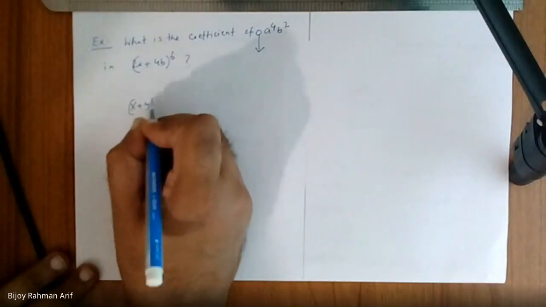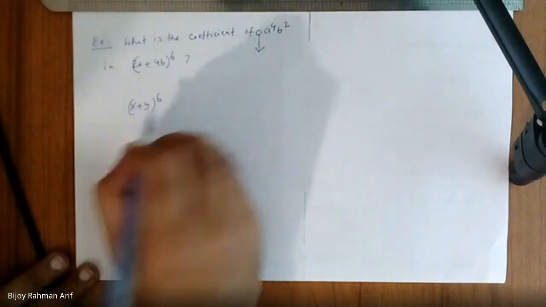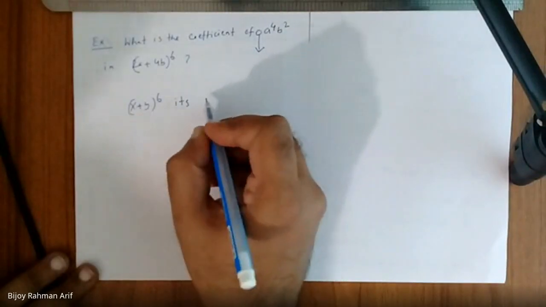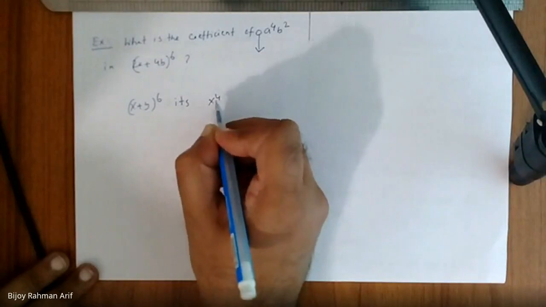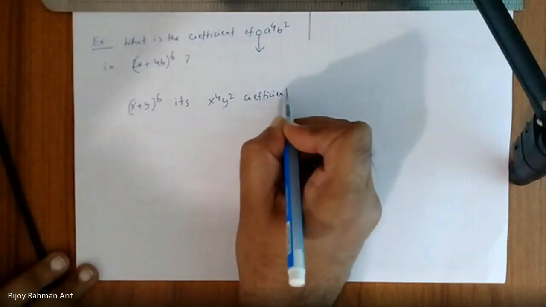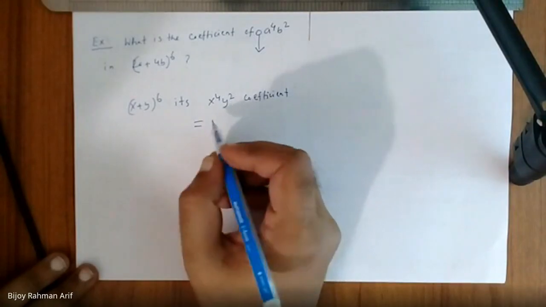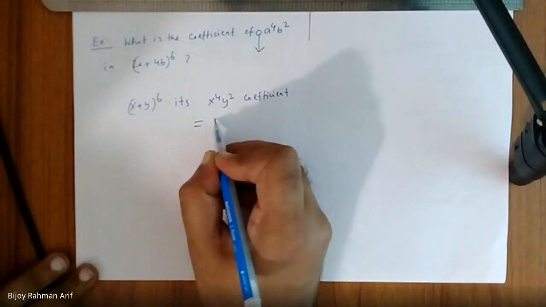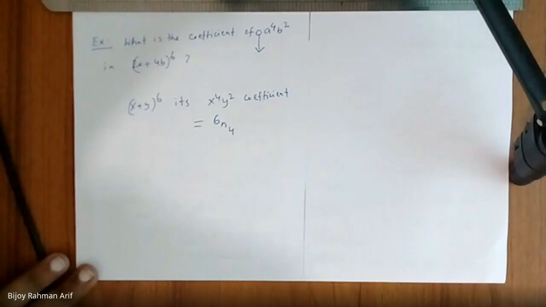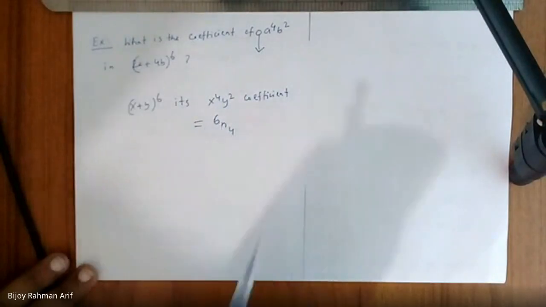So how can we do that one? (x + y) to the power 6. If this is the expression, the coefficient of x^4 y^2 is equal to what? 6C4, that means 6 and 4.